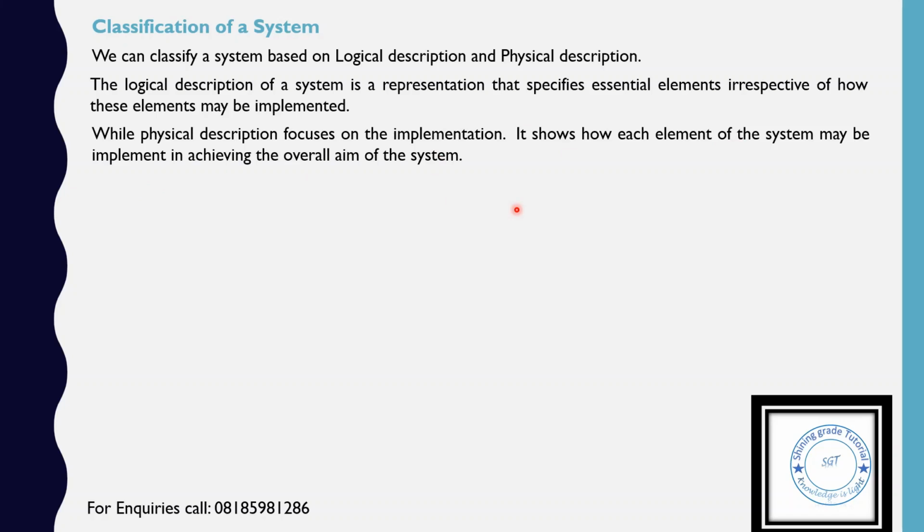Let's say for instance, we can take an example or illustration on that. In the aspect of the computer as a system, when we focus on the computer system, we can look at its logical description. In the logical description we look at what the essential elements are and the logical order of the elements in the computer system.